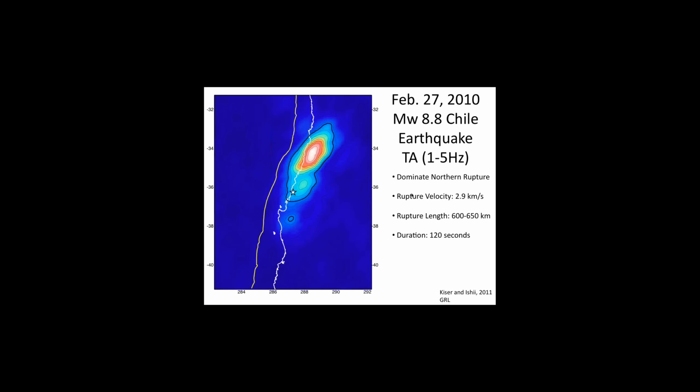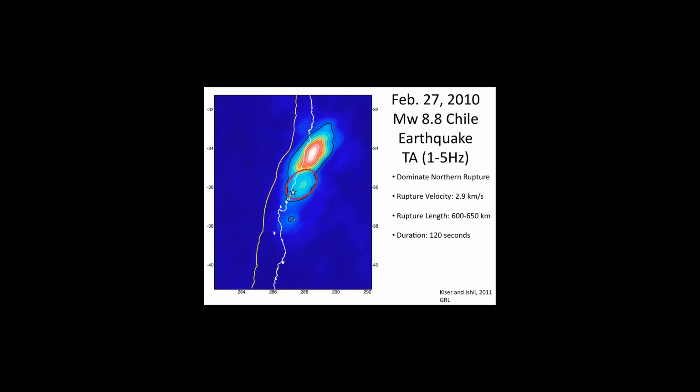In total, you have a rupture length of about 600 to 650 kilometers, and that's including this very low amplitude pulse of energy to the south. So that agrees pretty well with the aftershock distribution I mentioned before, and also as you saw from the movie, the energy dies out at about 220 seconds.